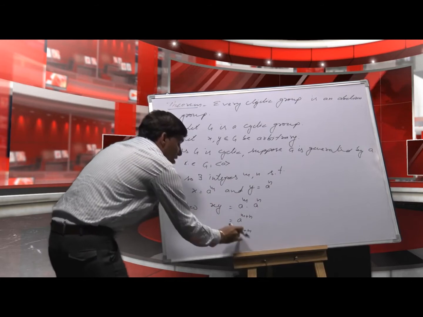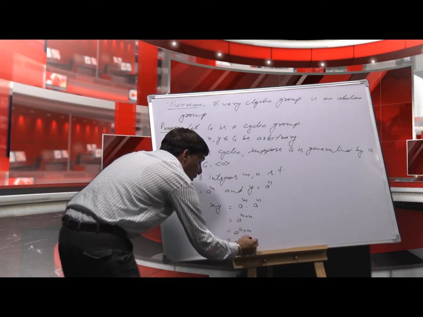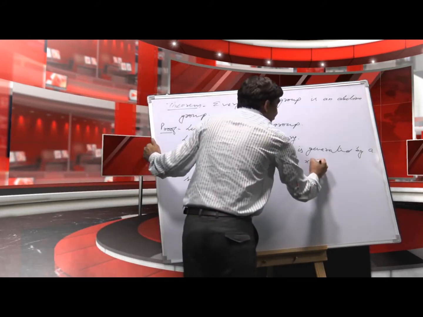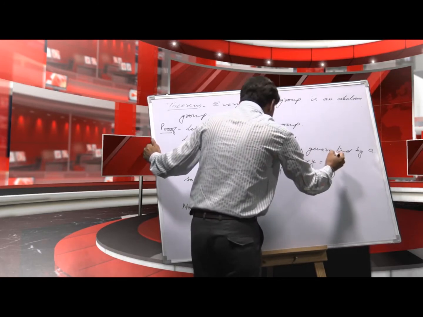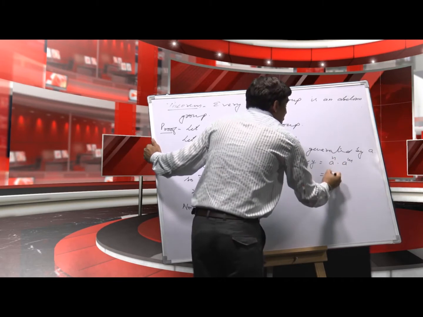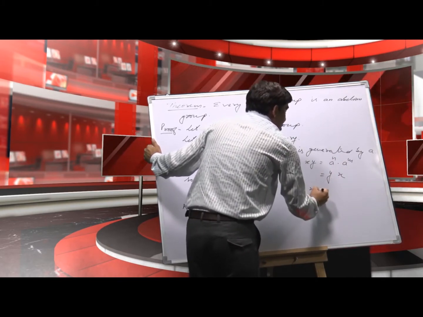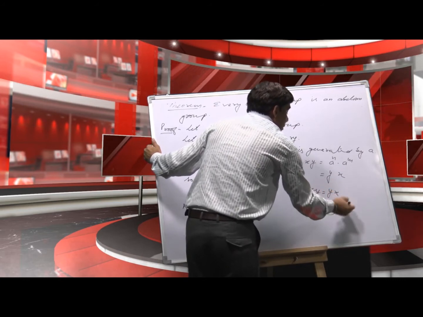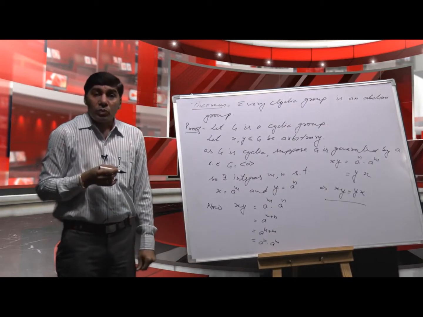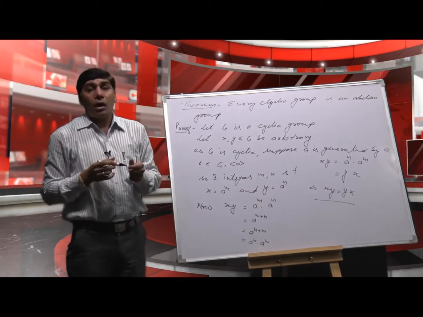So a^(n+m) we write as a^n into a^m. This implies x into y is equal to a^n into a^m, which is equal to y into x, since a^n is y and a^m is x. So G becomes an abelian group. That means every cyclic group is always an abelian group.